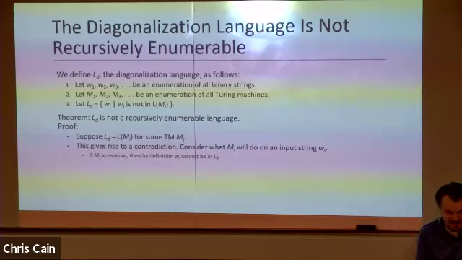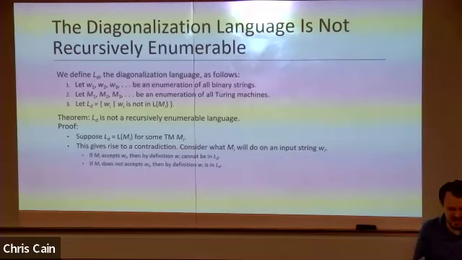If M sub I accepts W sub I, by definition, W sub I cannot be in the diagonalization language, right? Because we defined this language to be W sub I such that W sub I is not in that language. So if that machine accepts that language, then it cannot be an element of the diagonalization language, which is a contradiction because this machine is supposed to accept the diagonalization language.